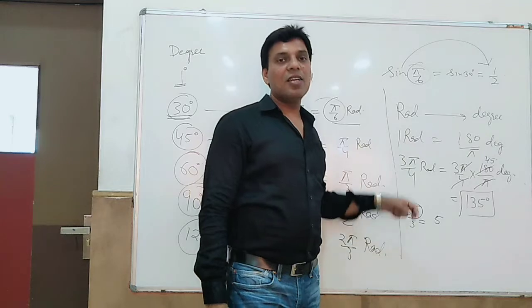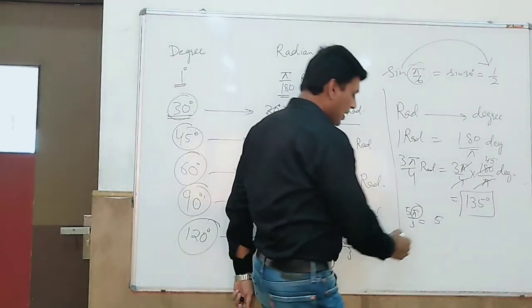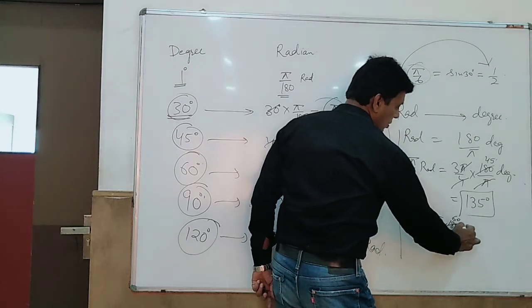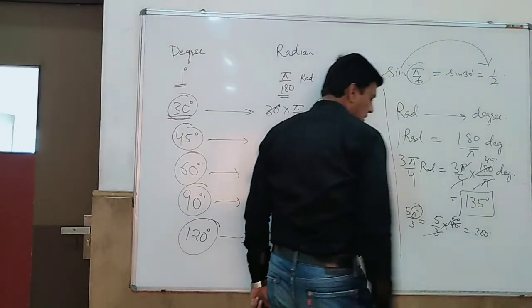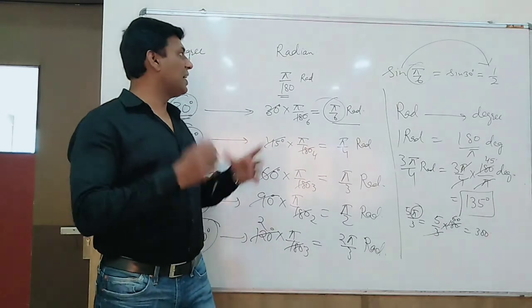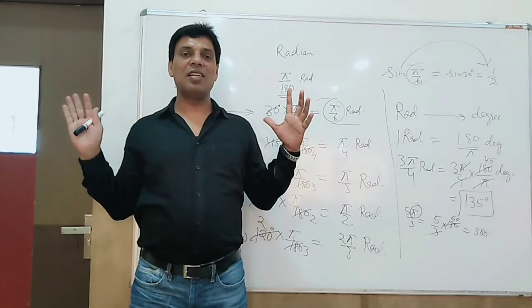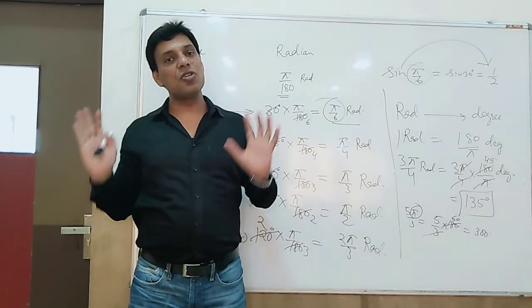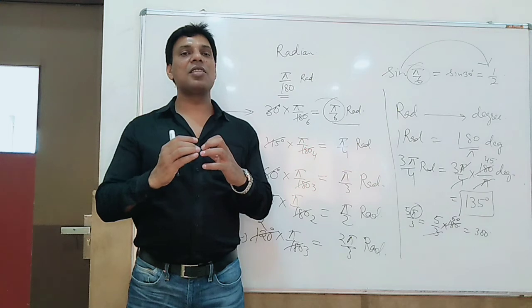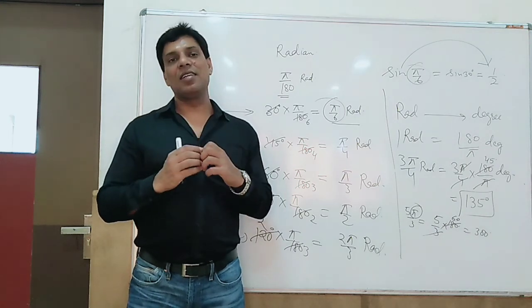It is having pi, so in place of pi, put 180 degree. So it is 300 degree. This way we can do interconversion, degree to radian and radian to degree. In the next video, we will do some questions on radian and degree. Thank you for watching.